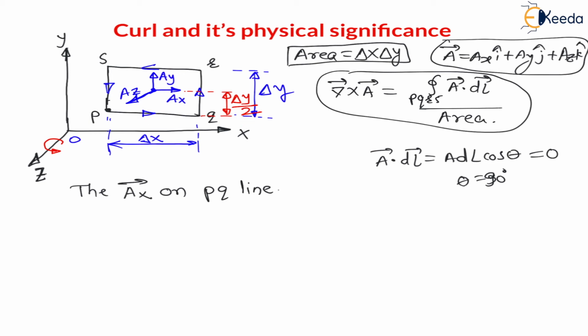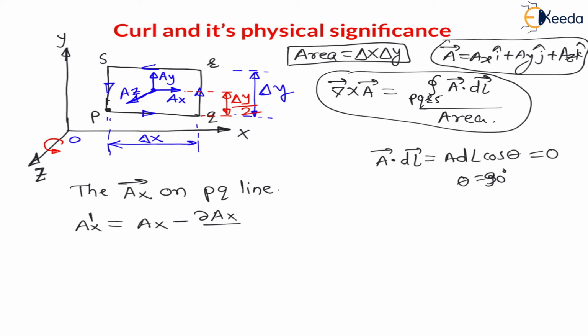See, from the center we are going downward by del y by 2 magnitude, right? So definitely on PQ the magnitude of vector A will be less as compared to center. Therefore let us say this magnitude as AX dash, which is equal to, it is definitely less than AX by what magnitude? It is nothing but partial change of AX with respect to y axis, na?